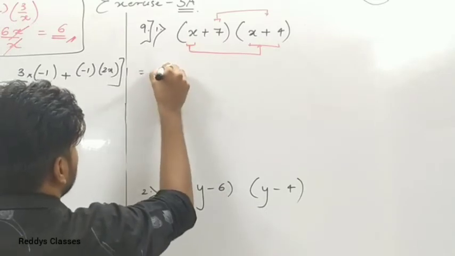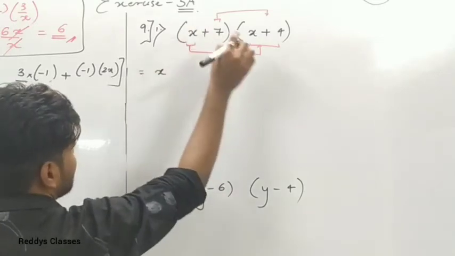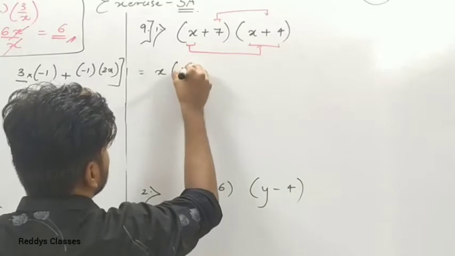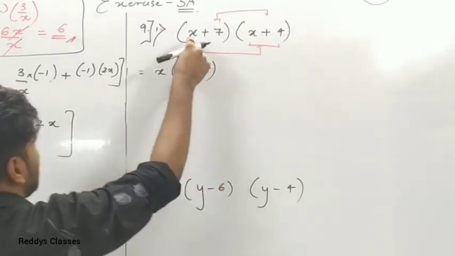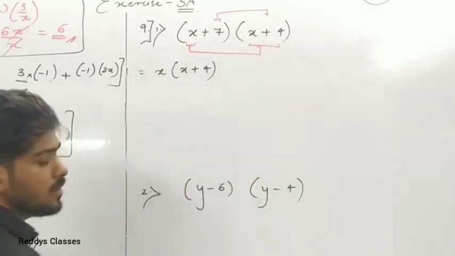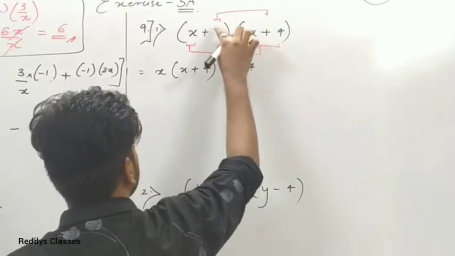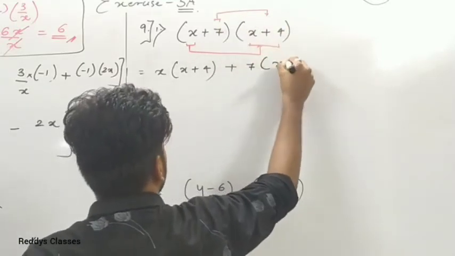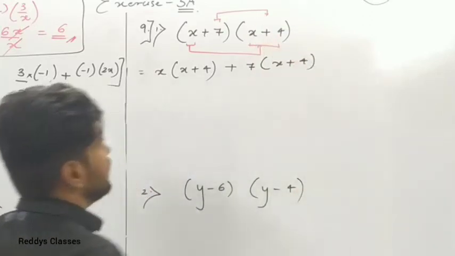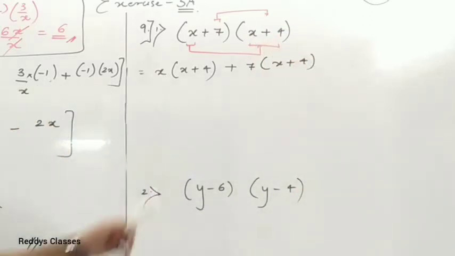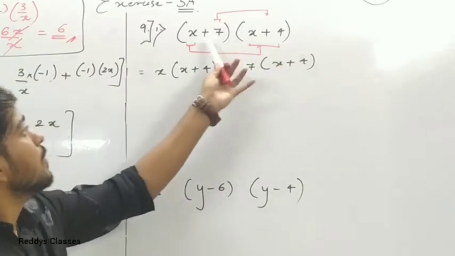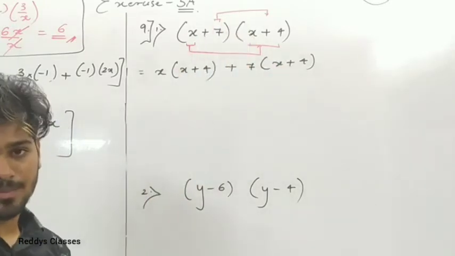Let us use this term x. We have here x bracket x plus 4. See, I used x with this x plus 4. Which sign? Plus 7. Once again, this with this term. We have x plus 4. See, simple. We use this term with this, plus this term with the same here.